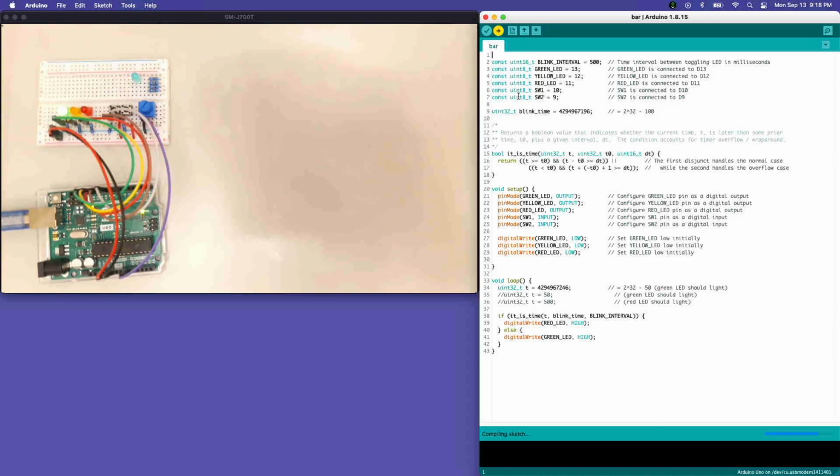lighting up if we push this out, which we got. So that's good. So we can comment out this one, and we can try making t 50.